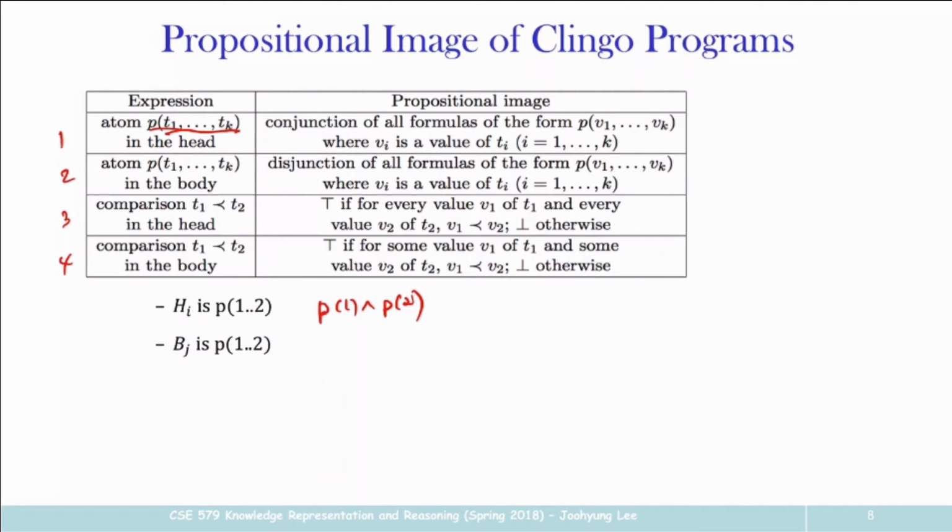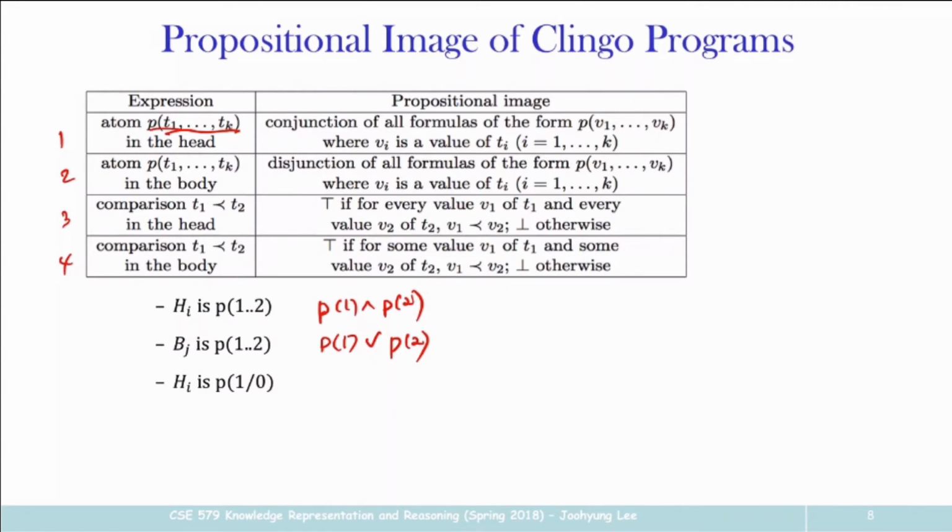Then what about this one? Now it occurs in the body. It's a disjunction. It is now the second case. Okay. What about this? Now note here that we can use an arithmetic expression. So P of 1 divided by 0. Now Clingo understands this as integer arithmetic, of course, but 1 divided by 0 does not make any sense.